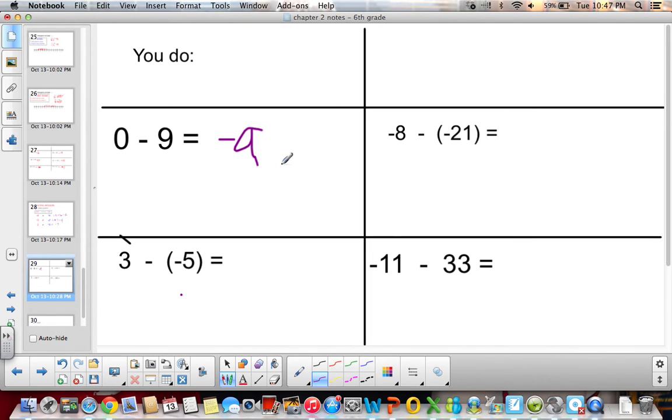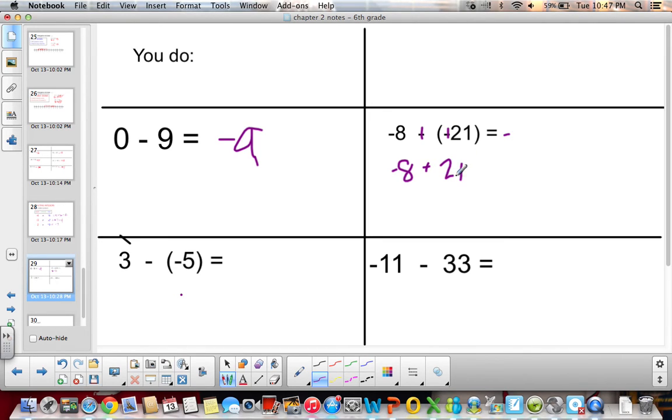Negative 8 minus negative 21. So we keep negative 8. Change this to an addition. Change that sign. So negative 8 plus 21 equals... we have different signs.